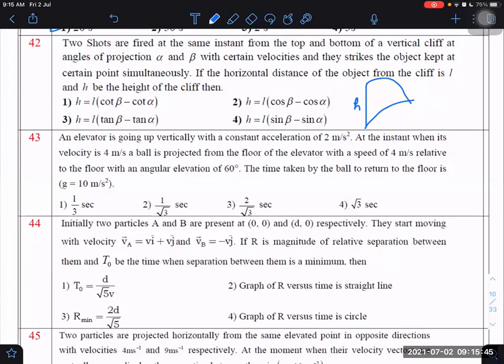Horizontal distance is L and H is height, correct? The horizontal distance where they strike, that is L. You have to find the relation between H and L. Angles are given to us, alpha angle and beta angle.